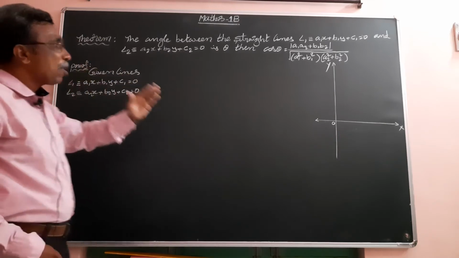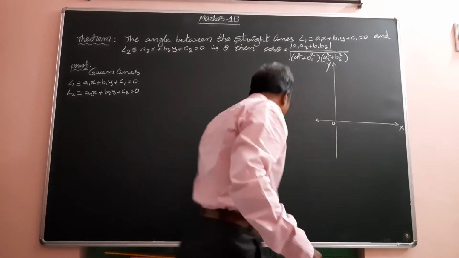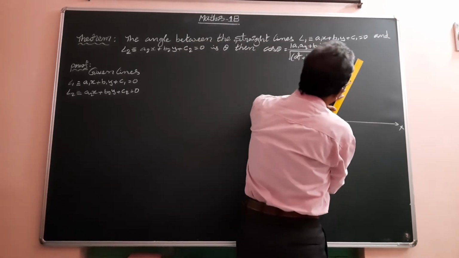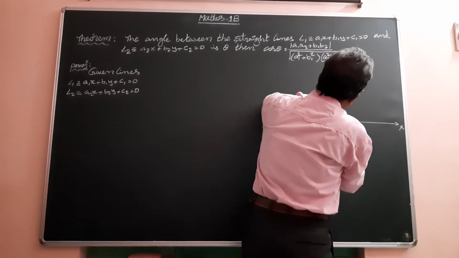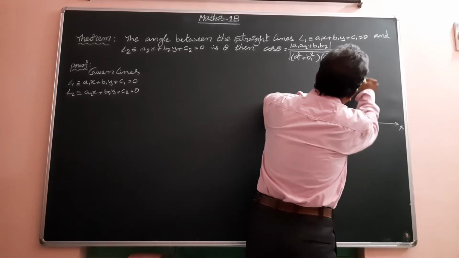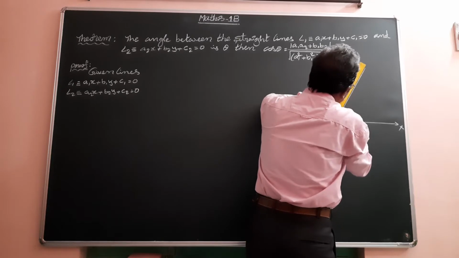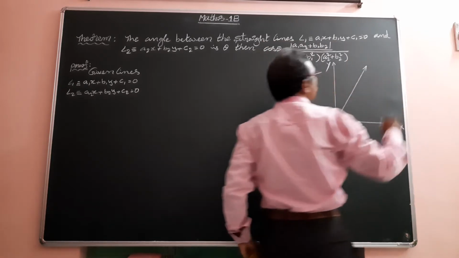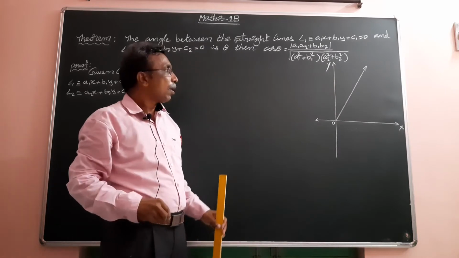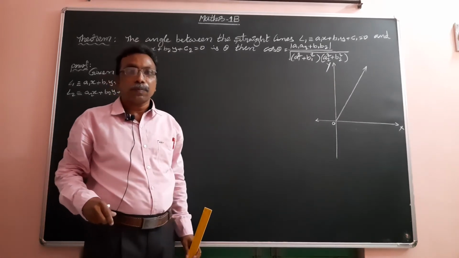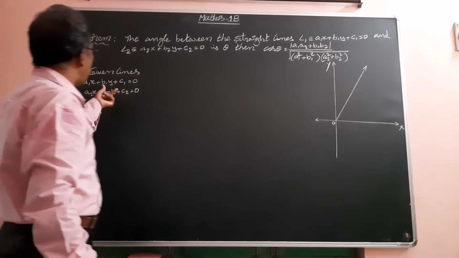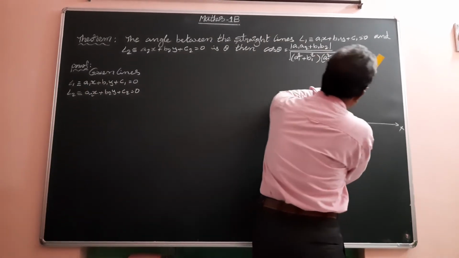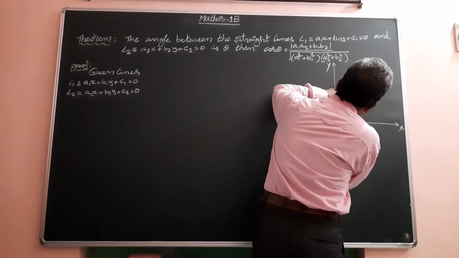Now we draw two lines passing through the origin. This is one line. A line passes through the origin. The first line passes through the origin. Next, the second line is also passing through the origin.